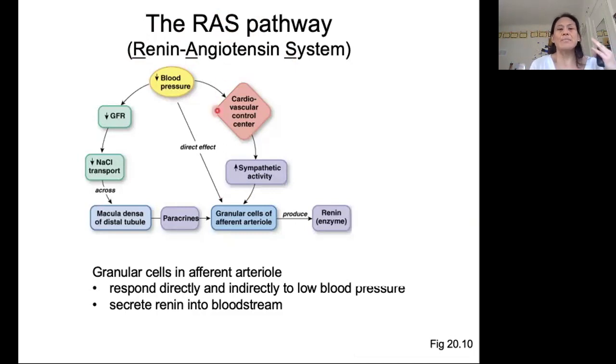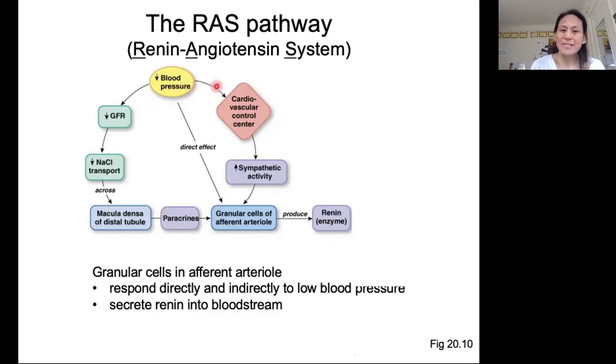Okay. So what happens in the RAS pathway is that in response to low blood pressure, we have these cells in the afferent arterioles in our kidneys. They're called granular cells. Those granular cells are going to directly sense low blood pressure. They're also going to indirectly sense low blood pressure.